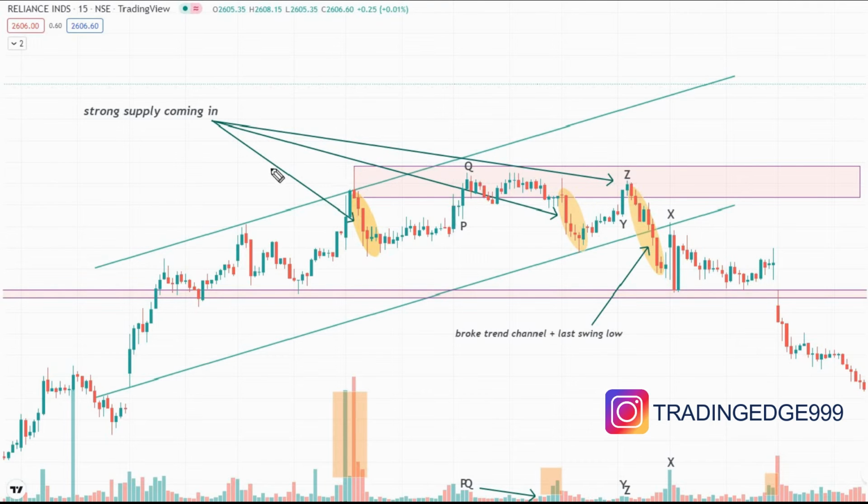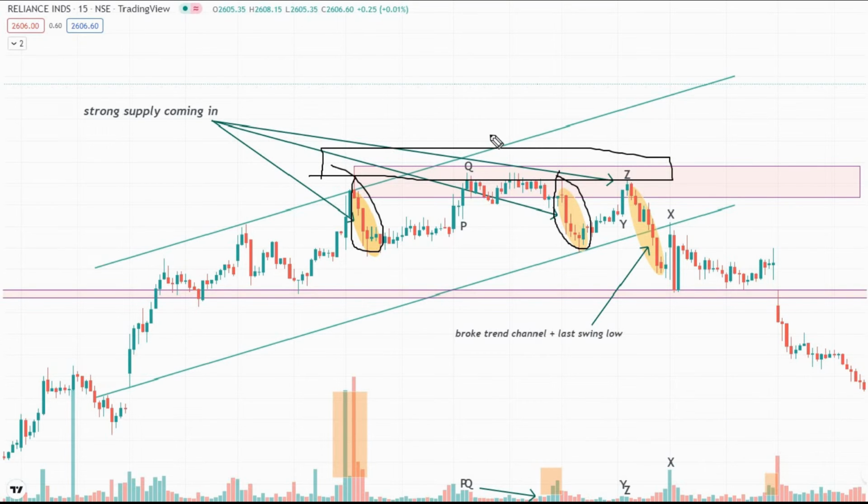Sellers are also very, very strong at this price area, and that's why every time prices touch these levels, a sharp selling momentum can be seen. So this is an indication that sellers are not ready to give up at this price level. That's why they are selling aggressively, defending this level and pushing the prices towards the downside.